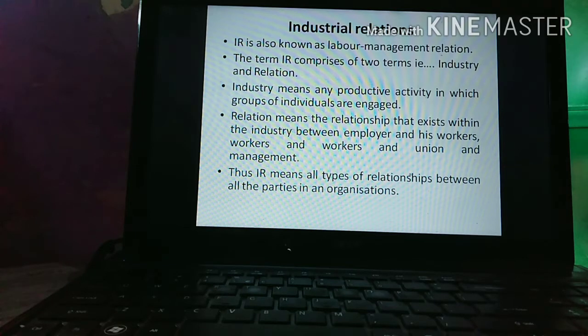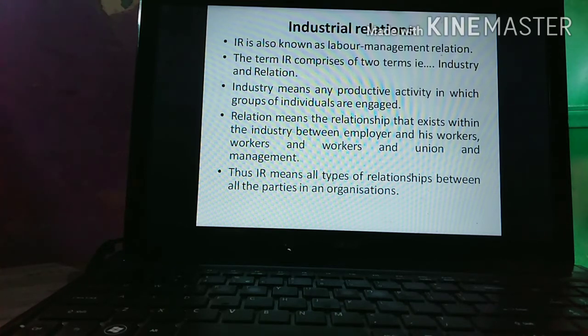These two terms make the term industrial relations. So industry means what? It is any productive activity in which a group of individuals are engaged. Group of individuals means the workers are engaged, means the place where the raw materials are converted into finished goods. Such a type of place is called an industry.